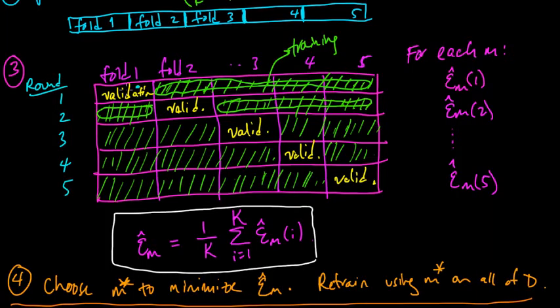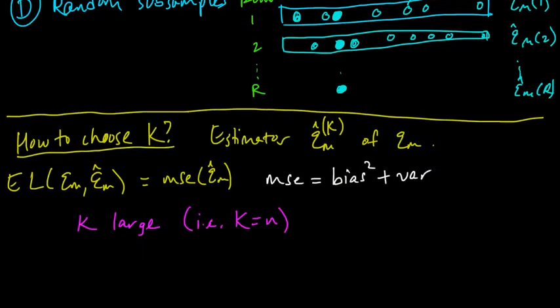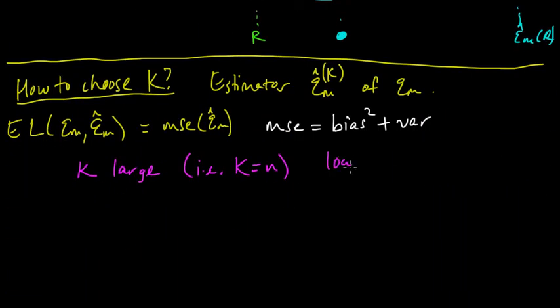So each of these is fairly representative of the resulting thing. And since we're leaving out one point that's independent of all the rest, that's going to be a fairly good indicator of the error for the final thing. So this is going to be low bias.